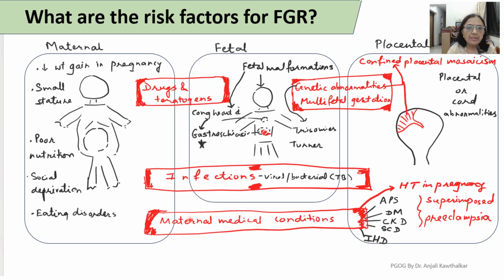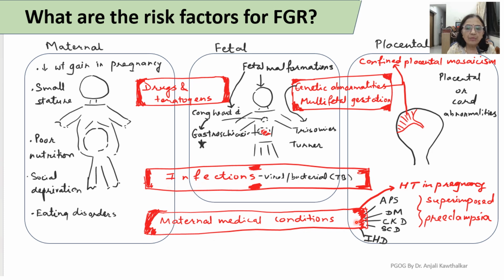So this is at a glance how we divide the risk factors into maternal, fetal, and placental. There are certain factors which are related only to the mother, some factors common for mother and fetus both, and some factors affecting mother, fetus, and placenta, mainly infection.